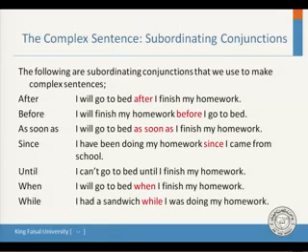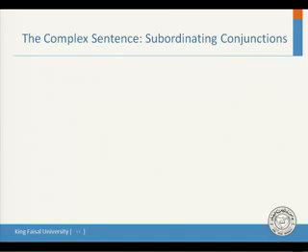While you have, or you need to know the meaning of these subordinating conjunctions. You need to know the meaning of them. I had a sandwich while I was doing my homework.